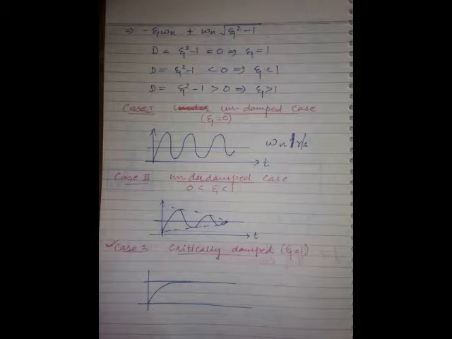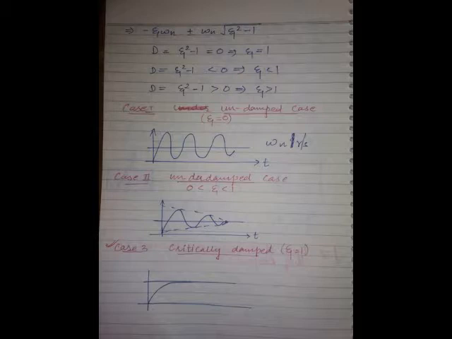Case 1. Case 1 is called as undamped case. Undamped case means we are not providing damping to a second order system at all. So when you don't provide damping, zeta is 0, and the roots are plus or minus omega n into root minus 1.